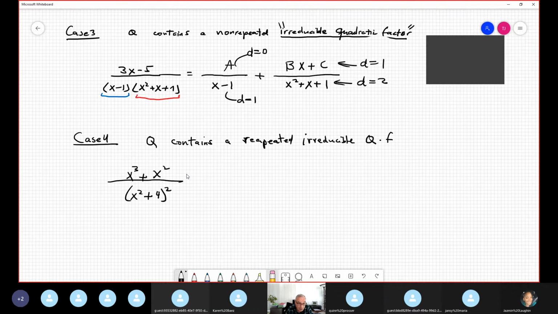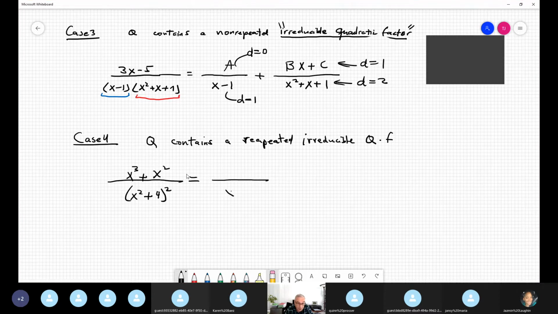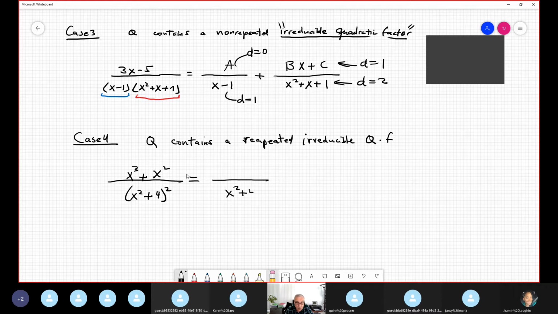Look at that. Multiplicity 2 and irreducible quadratic. Well, you copy again, but you make a decision: you decrease the exponent or you increase the exponent. I like decreasing. You put 2 here and you put 1, raised to the 1 power. When it's the 1 power, not necessarily parentheses.